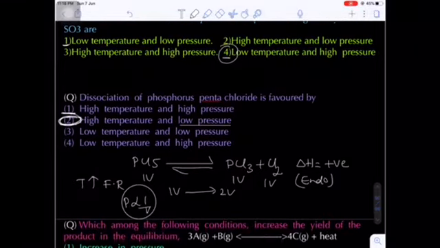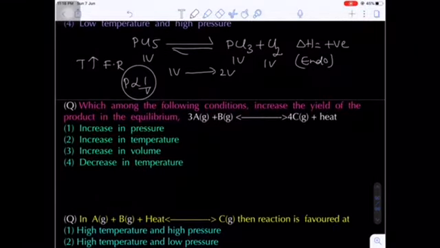Option number 2. Now, which of the following conditions increases the yield of the product? Here the number of moles of gaseous reactants is 4 and the number of moles of gaseous products is 4. So delta Ng, the sum of moles of gaseous products minus reactants, is 0. If delta Ng is 0, there is no pressure effect.